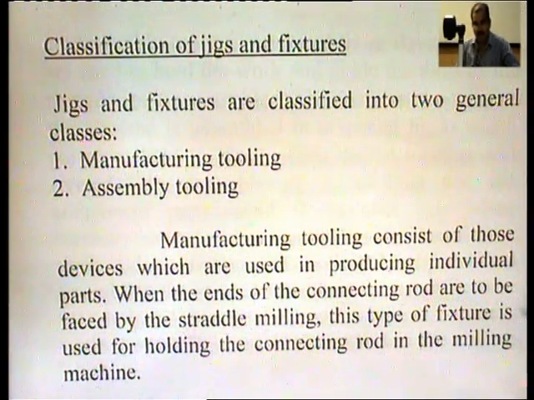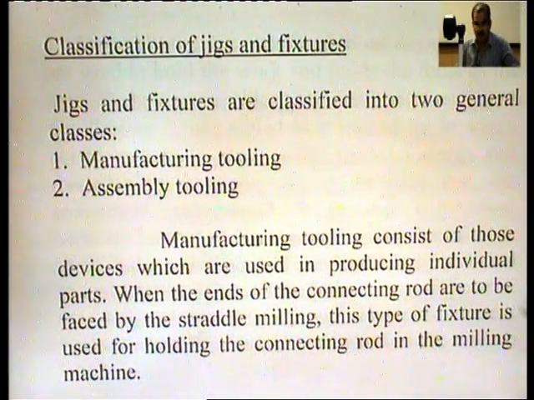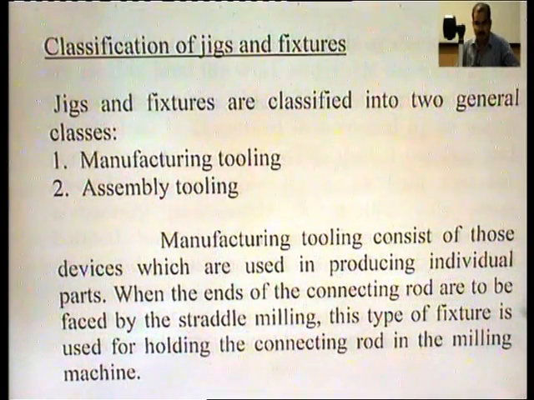Manufacturing tooling consists of those devices which are used in producing individual parts. When the ends of the connecting rod are to be faced by straddle milling, this type of fixture is used for holding the connecting rod in the milling machine.